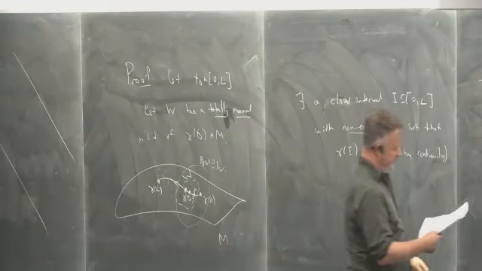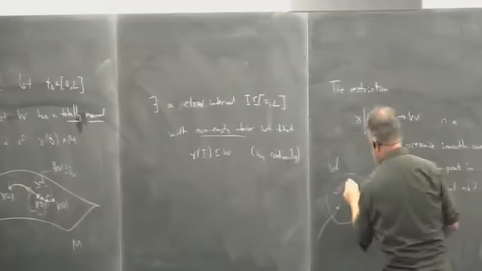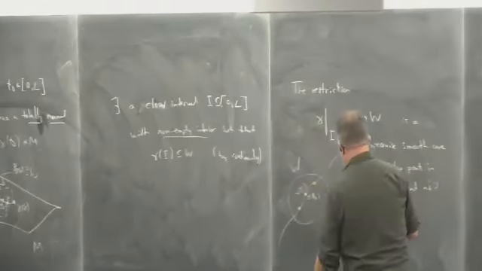I'll draw the picture again. This is W, this is gamma of t naught. This orange thing is gamma of I, and then it continues like this.